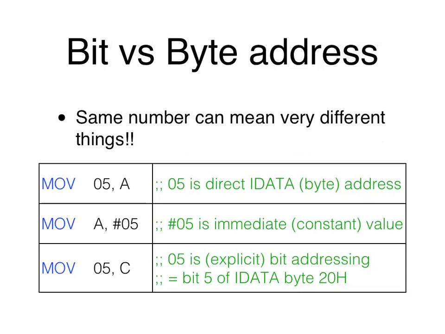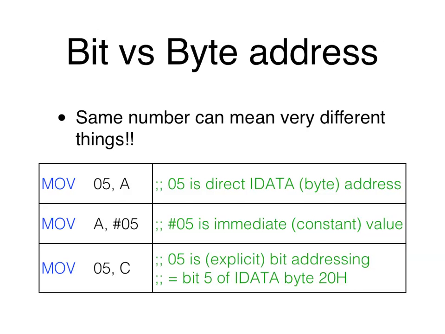Bit address versus byte address. Okay, so for the move instruction, depending on if you say A or C, the other address will be interpreted to be either a bit address or a byte address, right? You understand that? So if I say move something, A, because A is part of the opcode, that makes the 5 there a byte address.